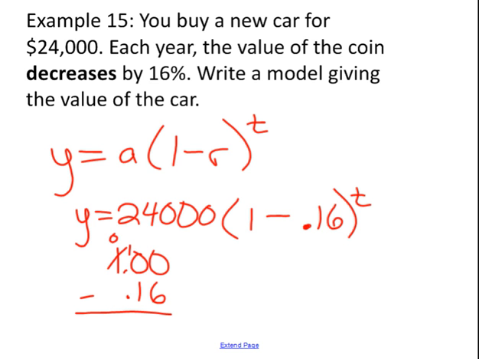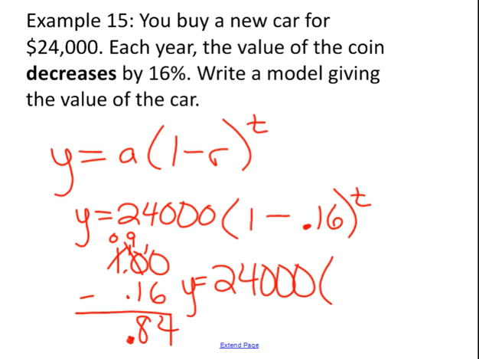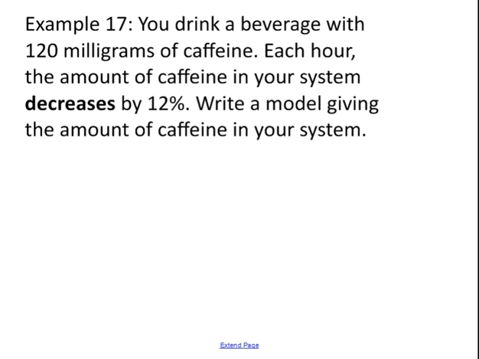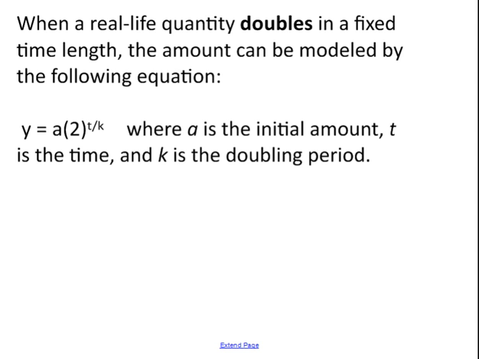I've got 10, but I got to borrow from that, so I have 9 and 10. 10 subtract 6 is 4. 9 subtract 1 is 8. And I bring down the decimal. Final answer, y equals 24,000 times 0.84 raised to the t. I'm going to have you do this one on your own.